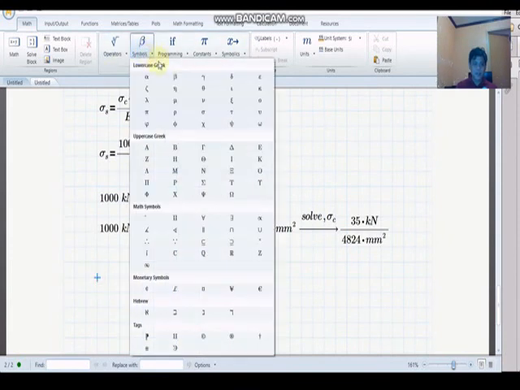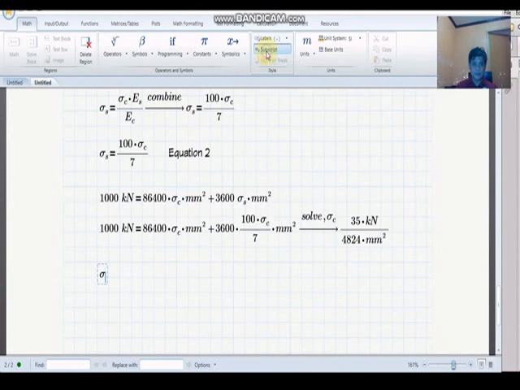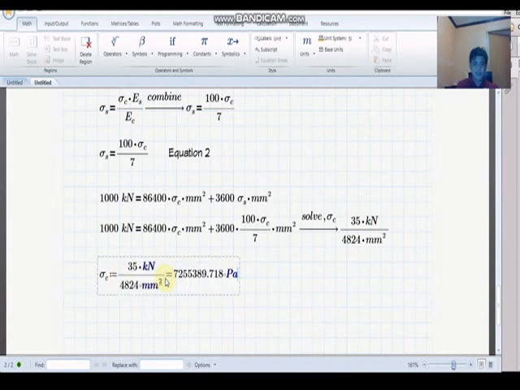The stress in the concrete is equivalent to 35 kilonewton divided by 4824 mm squared. That will give us a much clearer answer, which is 7,255,389.718 Pascal, or we can have it in megapascal. So we have 7.255 megapascal stress for the concrete.